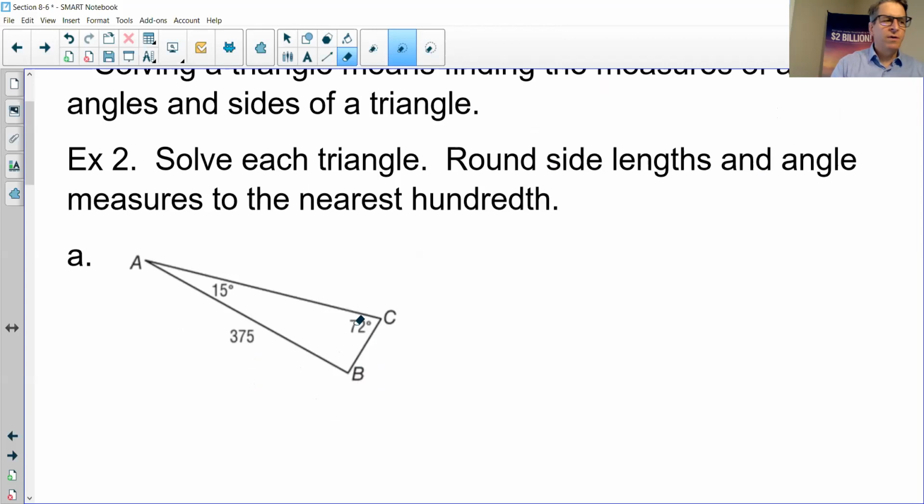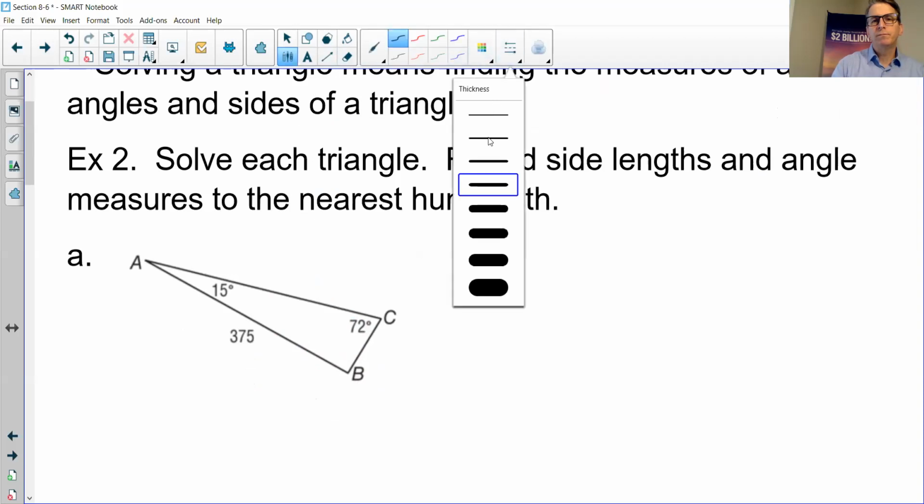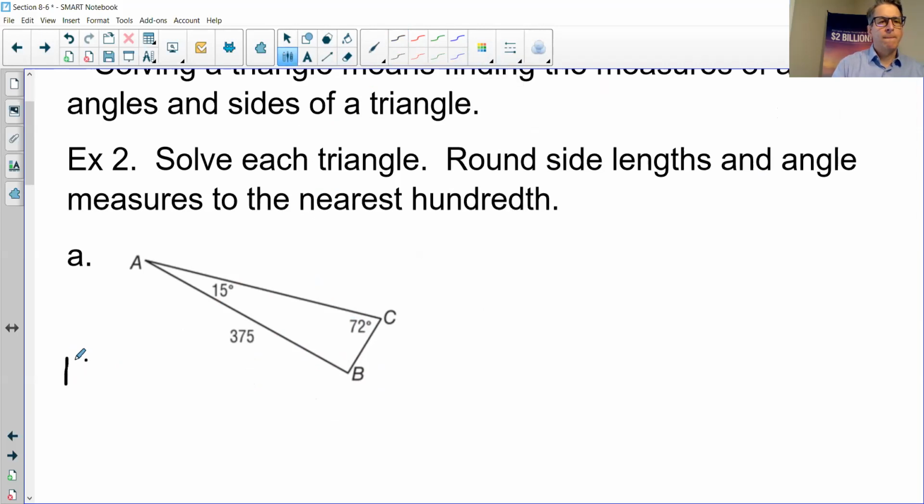Okay, so let's start with the degree of this angle B. We can see that we have a triangle with 15 degrees plus 72 degrees, and that's equal to 87.